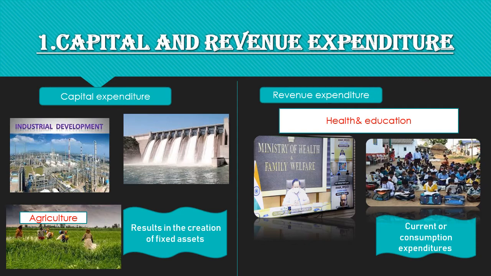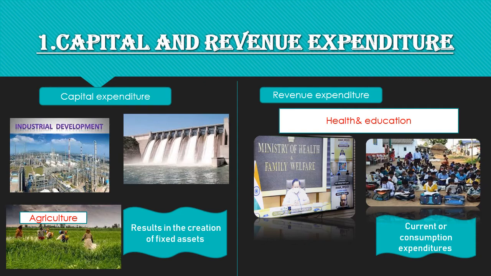Moreover, capital expenditure is the part of government spending that goes into the creation of assets like schools, colleges, hospitals, roads, dams, etc. So basically, when the amount is spent on huge projects for long-term purposes, it is known as capital expenditure.